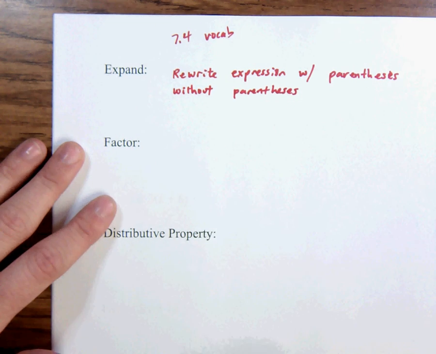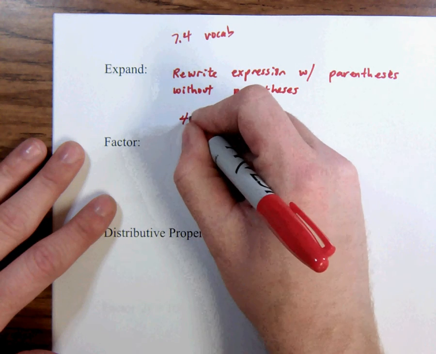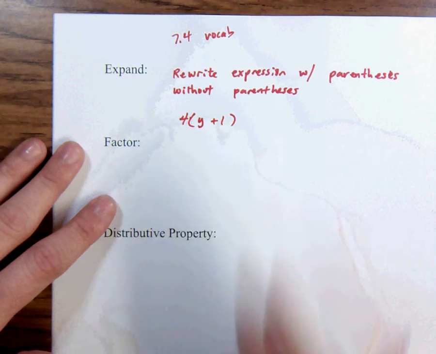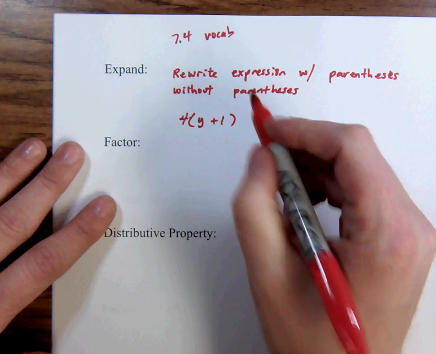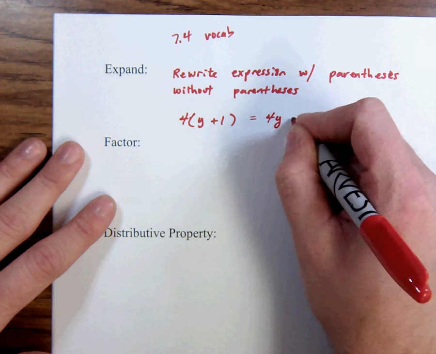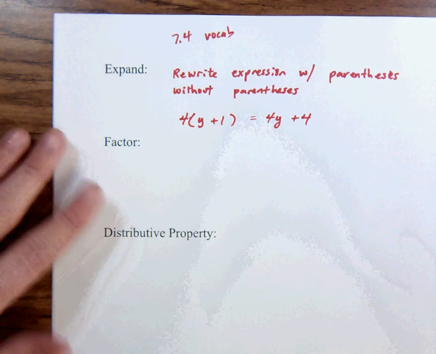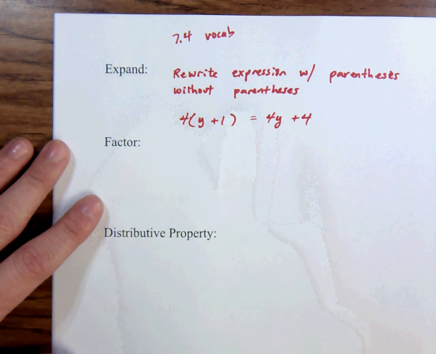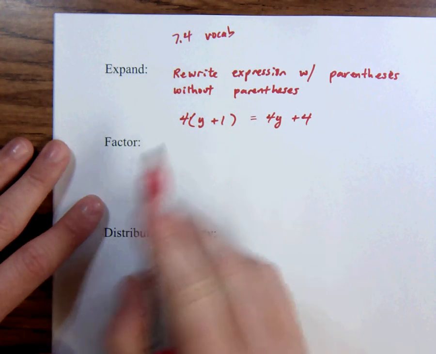So in our example, we would say 4 times y plus 1, so our expression with parentheses, is the same thing as 4y plus 4. And we'll get into the y later, but this is expanding, and I'll show you that in a minute.